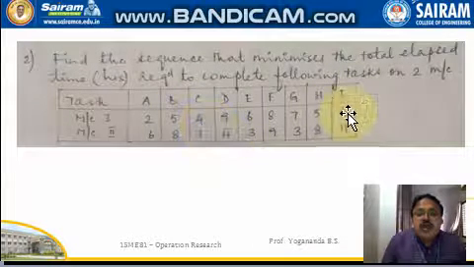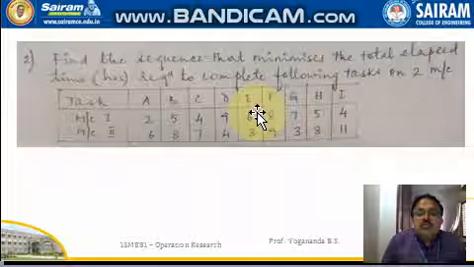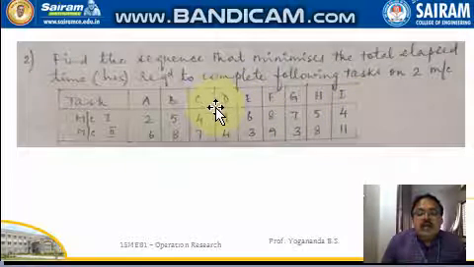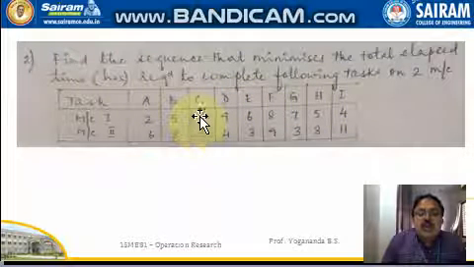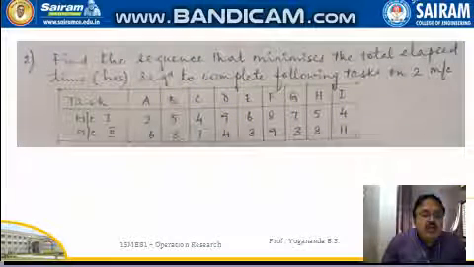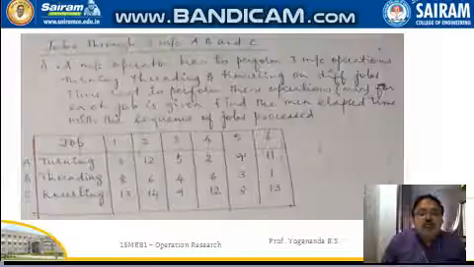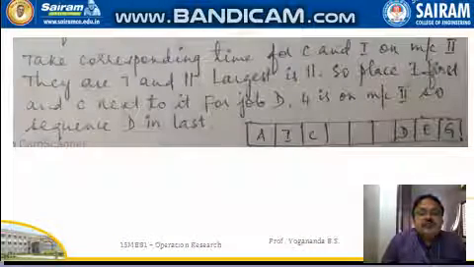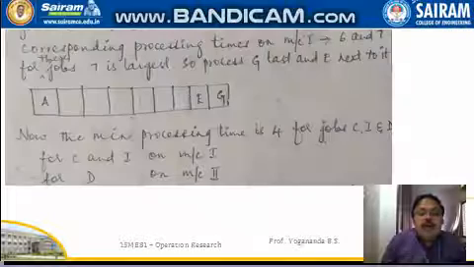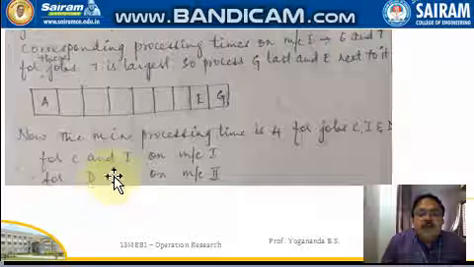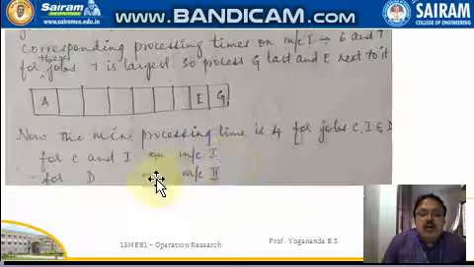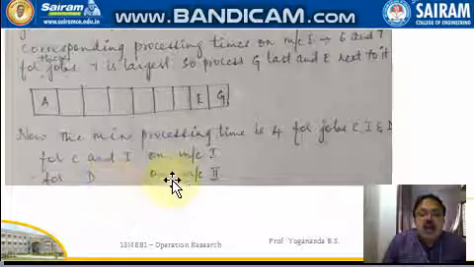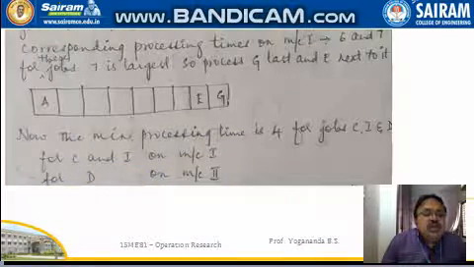So there is a tie on these three jobs, C, D and I, on both machines. For C and I, the tie is happening on machine 1, and for D, it is on machine 2.